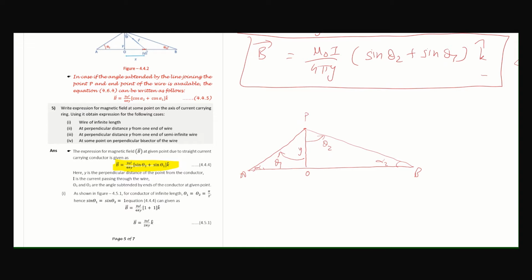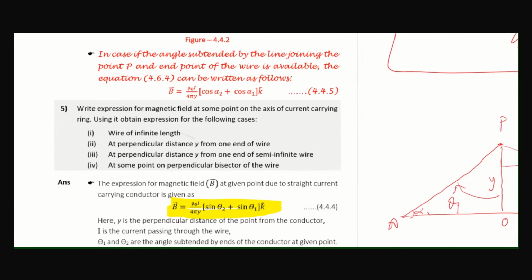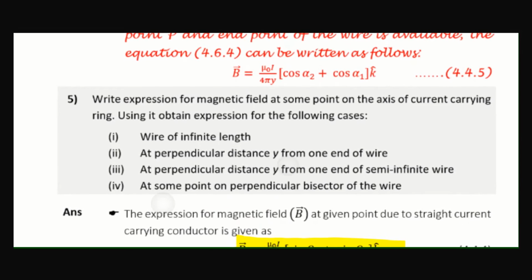So with this formula in mind, today we will talk about special cases. Which are the special cases? First, we will talk about the magnetic field due to a wire of infinite length. Then we will see what if the point is on the perpendicular bisector of the wire. And then we'll consider a semi-infinite wire.